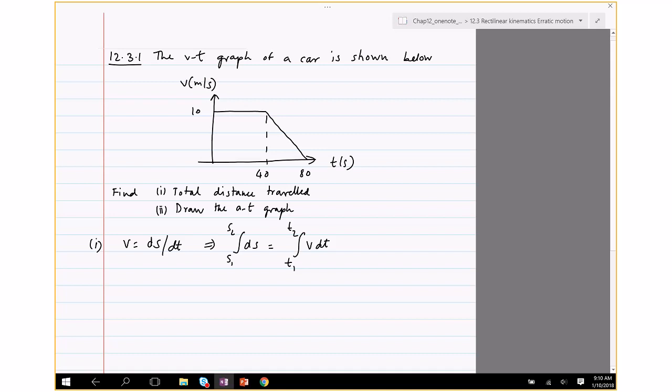So this is S2 minus S1 equals the integral from t1 to t2 of v dt.